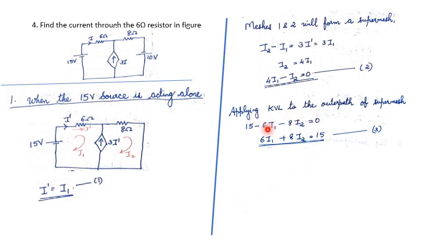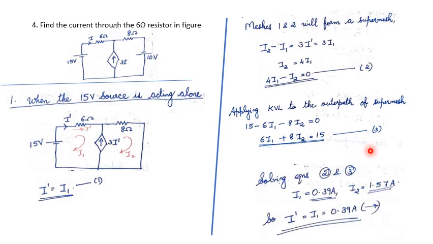Rearranging the I1, I2 terms, we get the equation 6I1 plus 8I2 is equal to 15. Now by solving equations number 2 and 3, we get the values of I1 and I2. We got I1 as 0.39 amperes and I2 as 1.57 amperes.